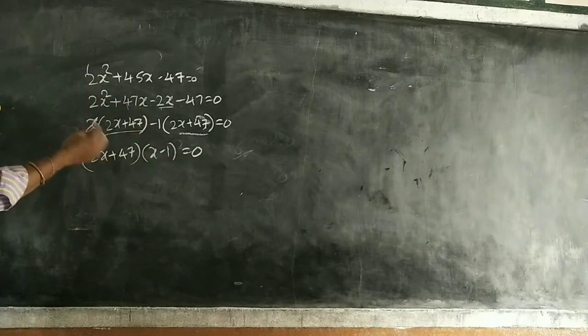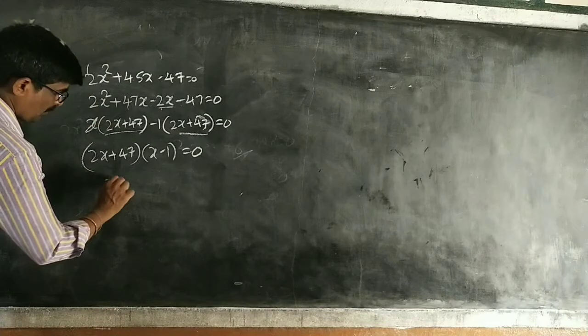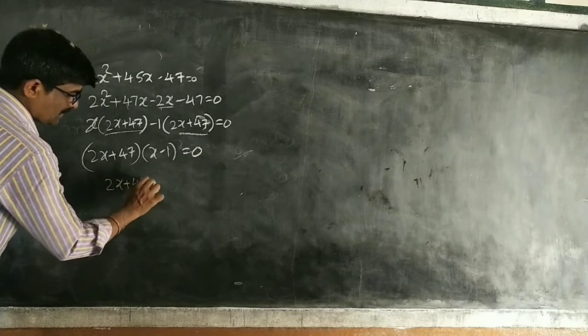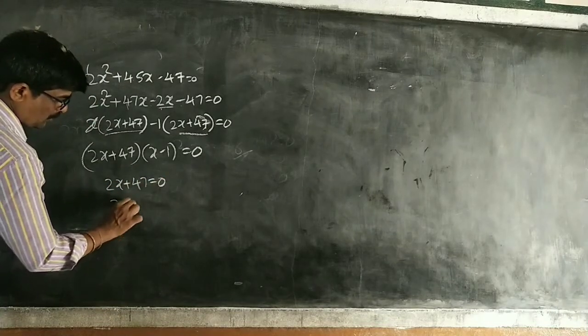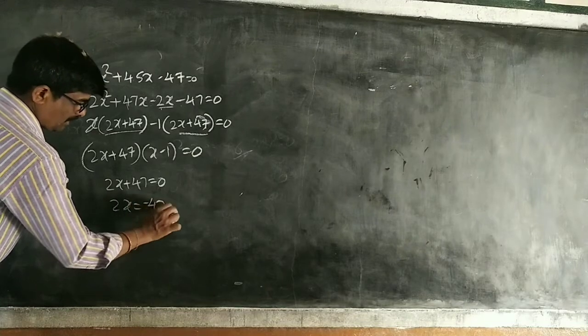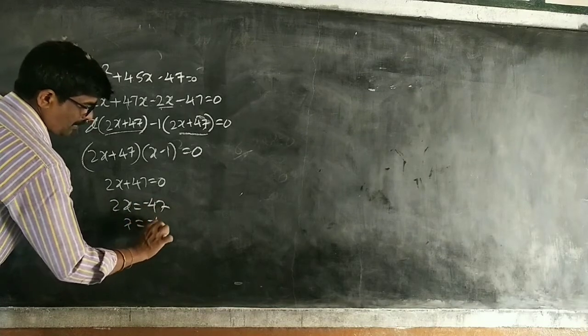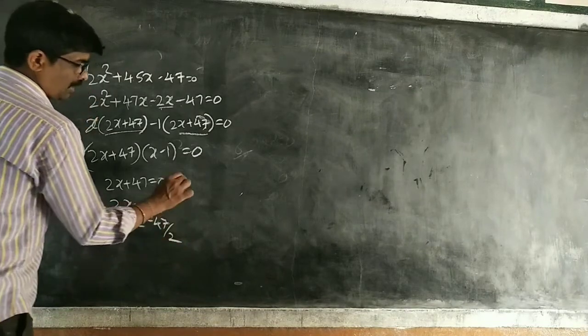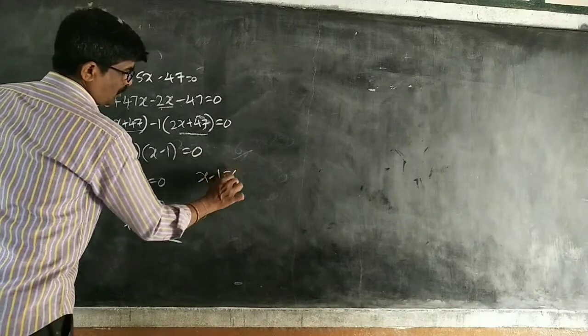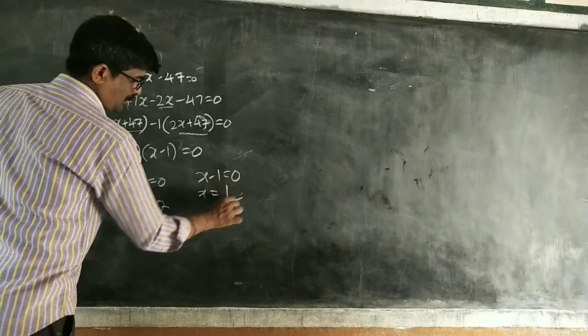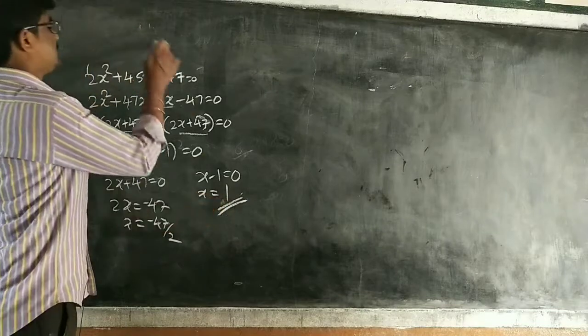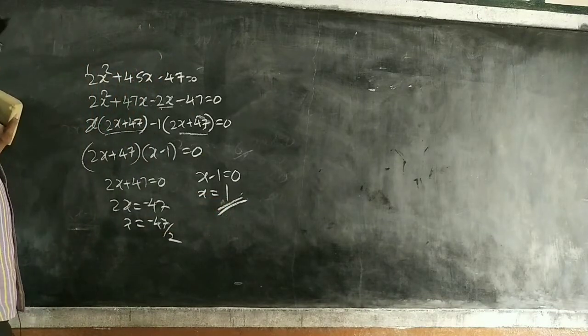So a into b means a is equal to 0 or b is equal to 0. Therefore 2x plus 47 is equal to 0, 2x is equal to minus 47, or x is equal to minus 47 by 2, or x minus 1 is equal to 0, or x is equal to 1. x is equal to 1 is a root of this quadratic equation.